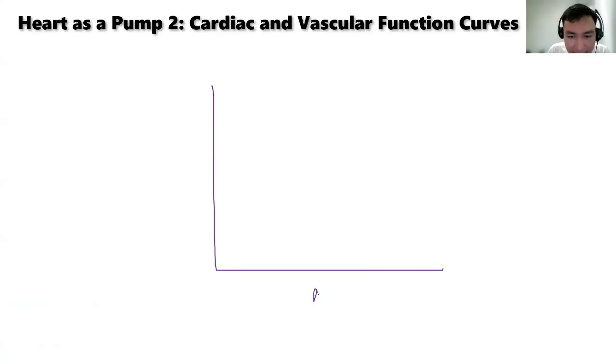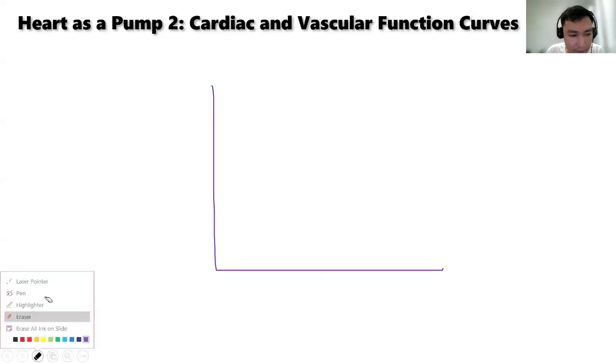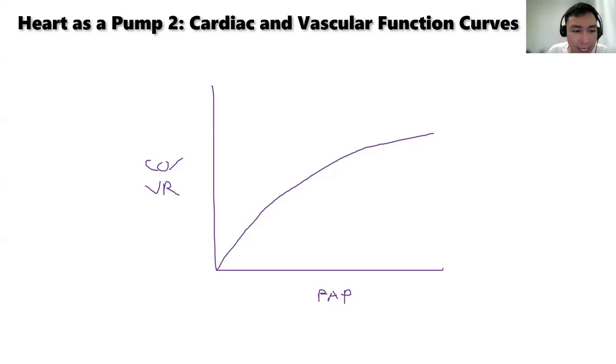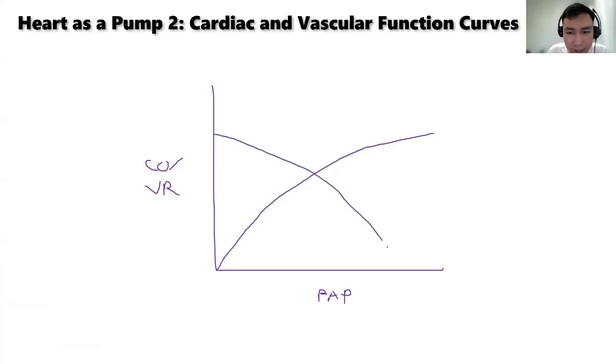So again, our x-axis is your right atrial pressure. On the y-axis, this is your cardiac output or venous return. And this is your original cardiac output. This is your original venous return.